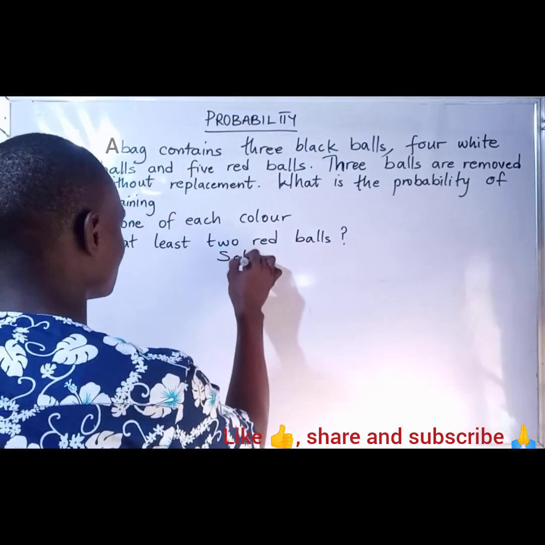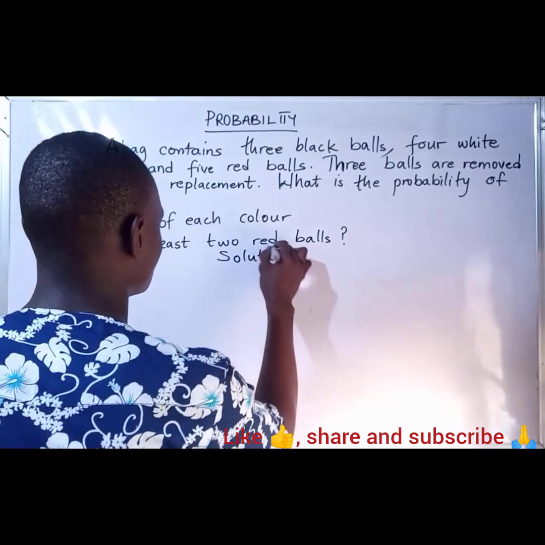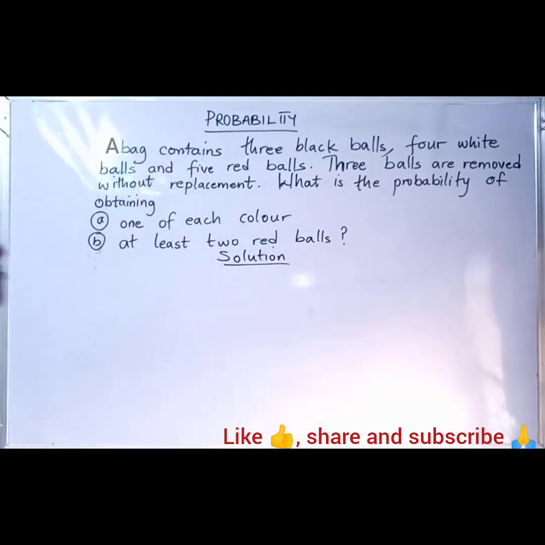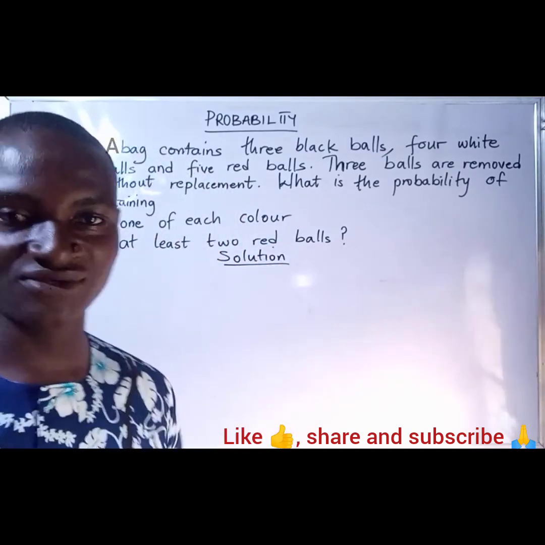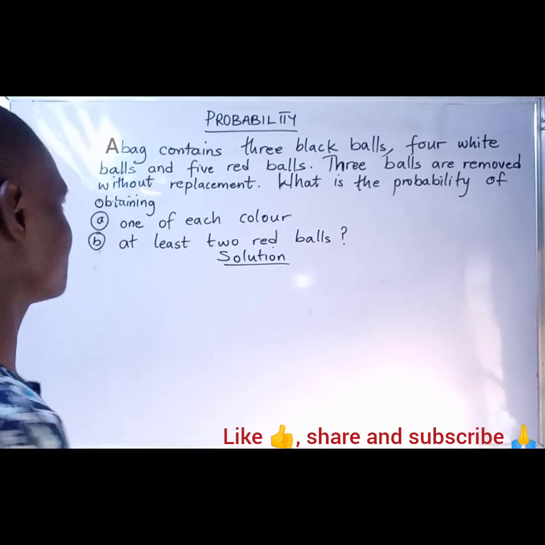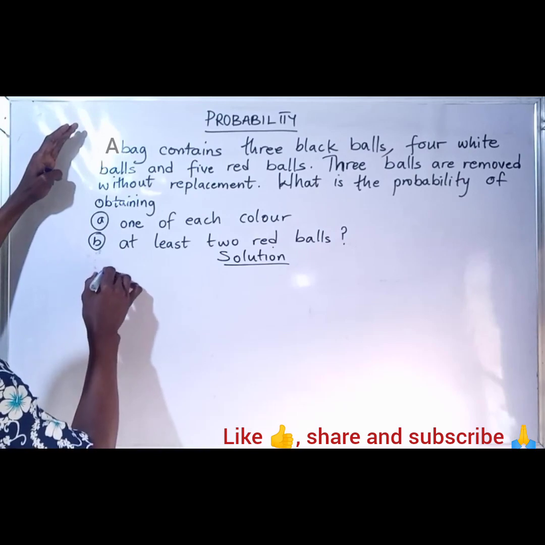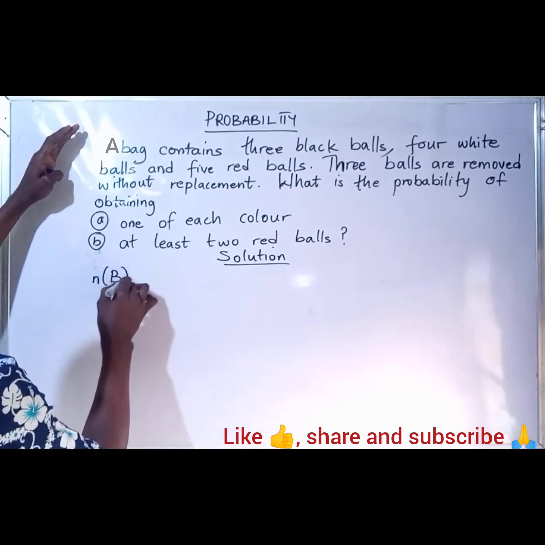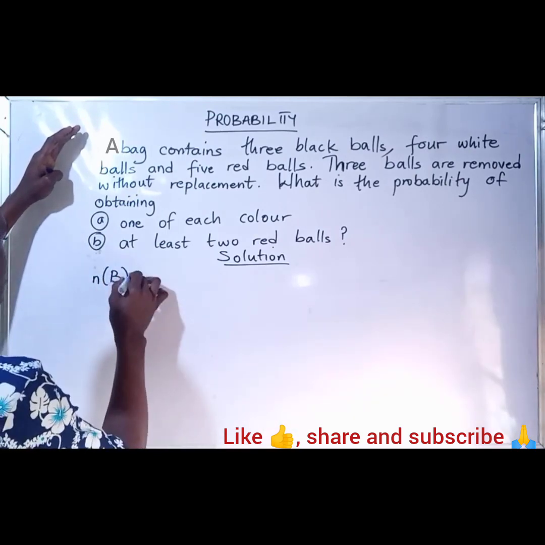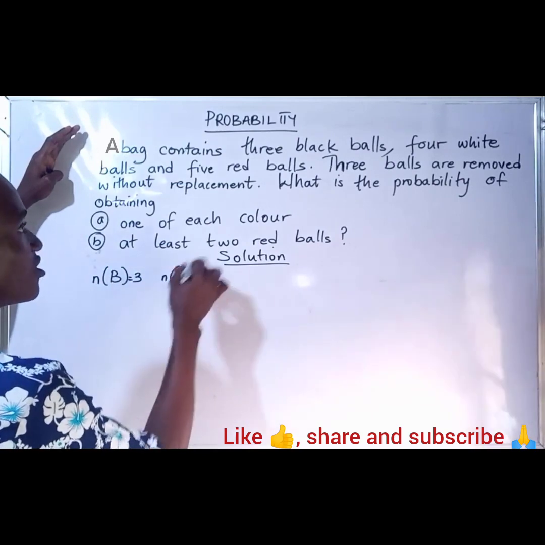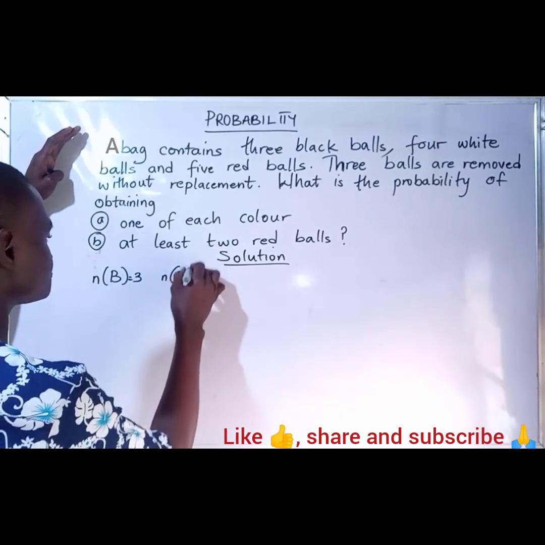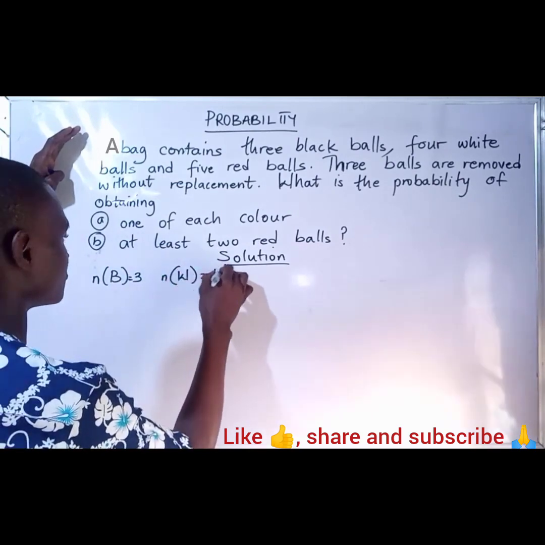Now, what are the things we need to do to answer this question correctly? We need to bring out the details that have been given to us in the question. According to this question, the number of black balls is 3. The number of white balls is 4.